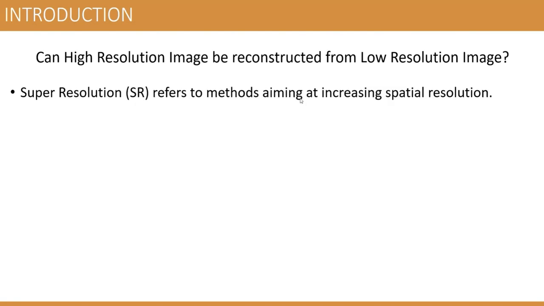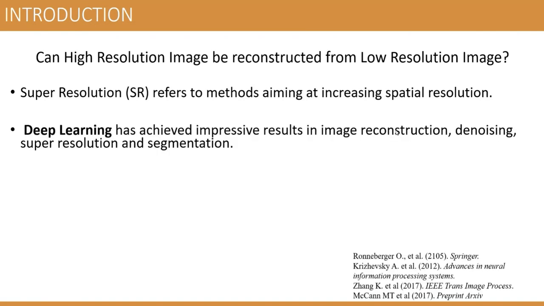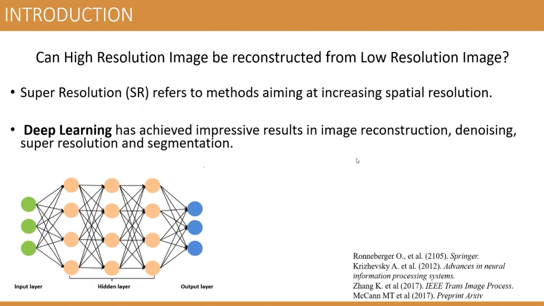In general, the super resolution methods in machine learning are those methods that try to increase the spatial resolution. Deep learning outside the MRI has achieved very good results in image reconstruction, denoising, super resolution and segmentation. And just a brief recap on how deep learning works. We have multiple layers, and what we give to the model is just the input and the output.